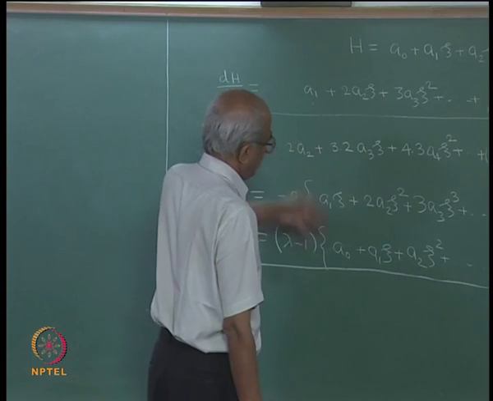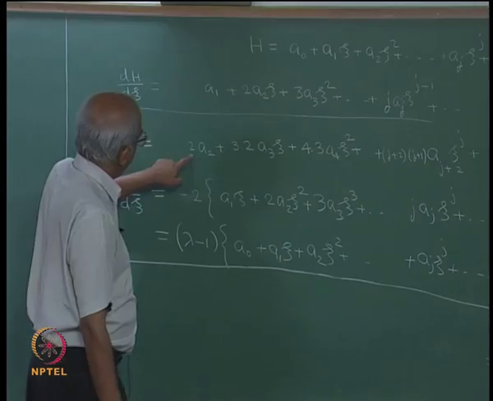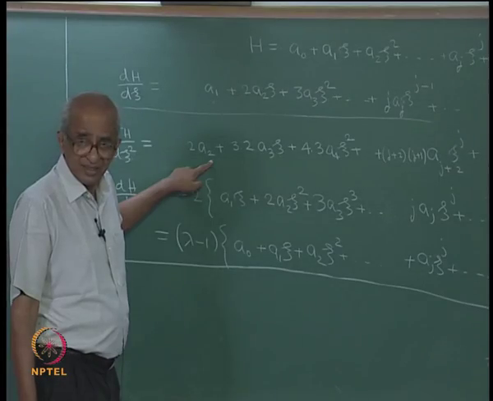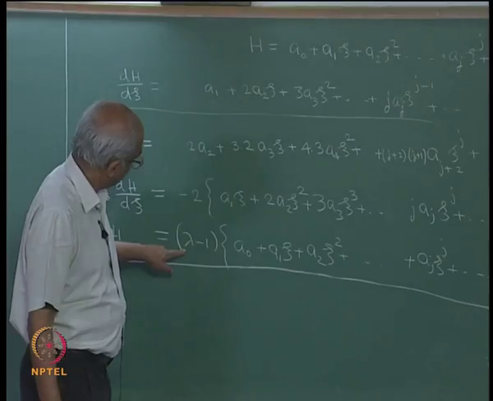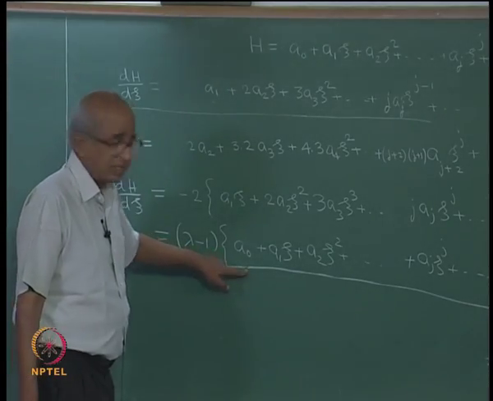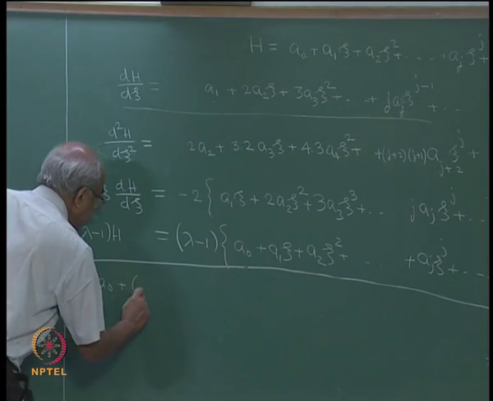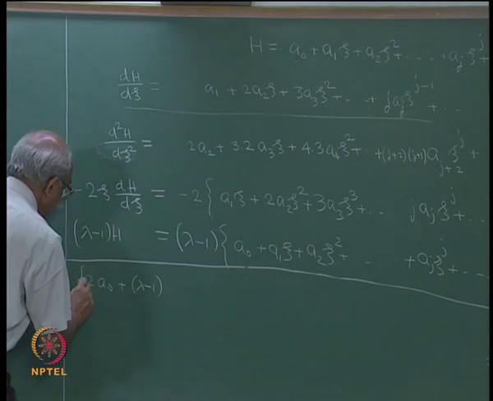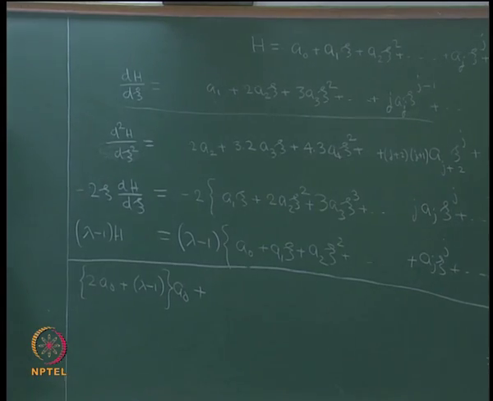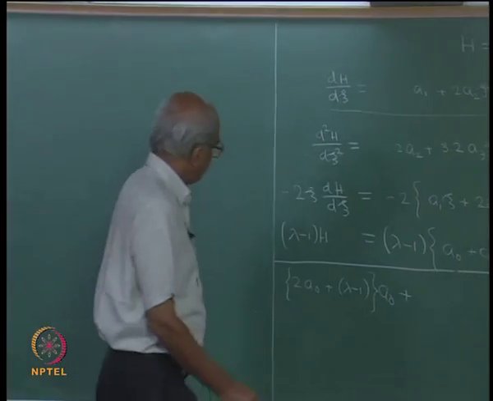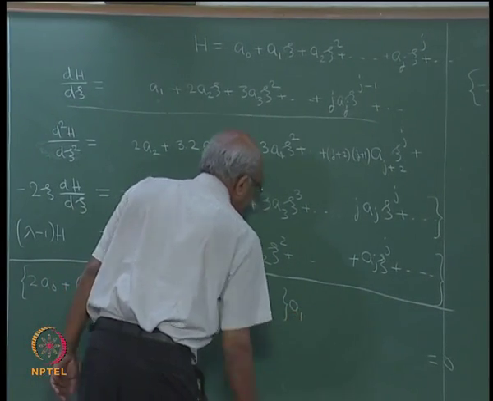So, for example, when I am adding, I will be a little bit careful. Here I have 2a2, this term is independent of c. Here there is no term that is independent of c, but there you have a term that is independent of c. So, you just add it up, you are going to get 2a0 plus (lambda minus 1) into a0 as the first term, correct. Similarly, you are going to get a term which will involve a1. What will that term be?